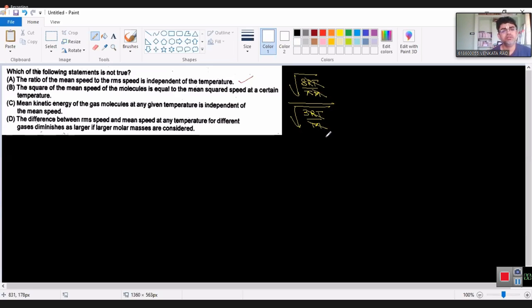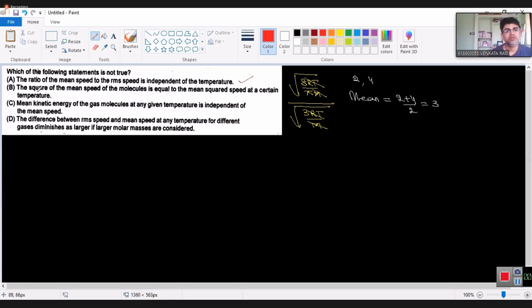B, the square of the mean speed of molecules is equal to the mean square speed at a certain temperature. Suppose the speeds are 2, 4. Then the mean is 2 plus 4 by 2, that is 3.